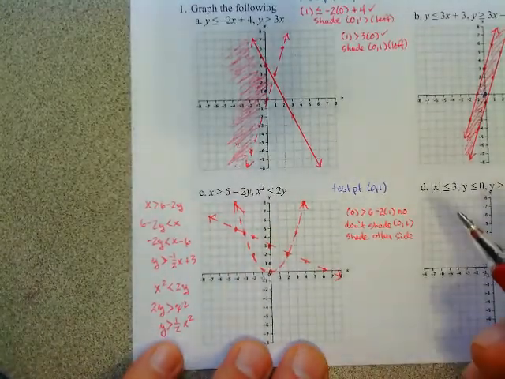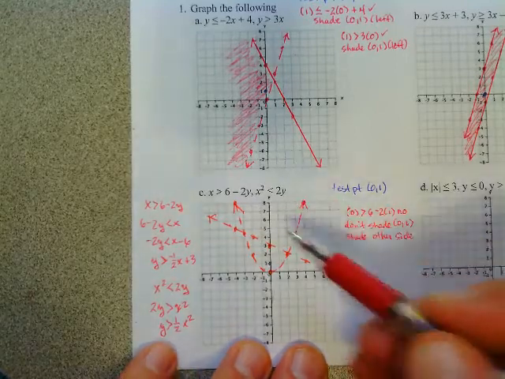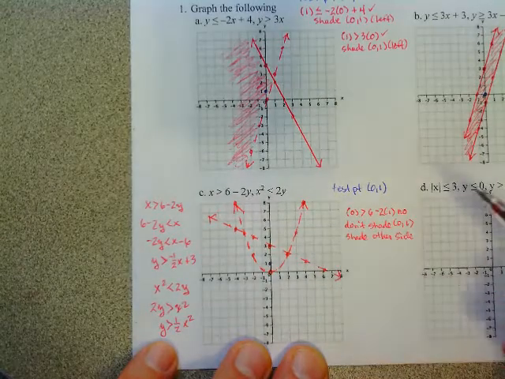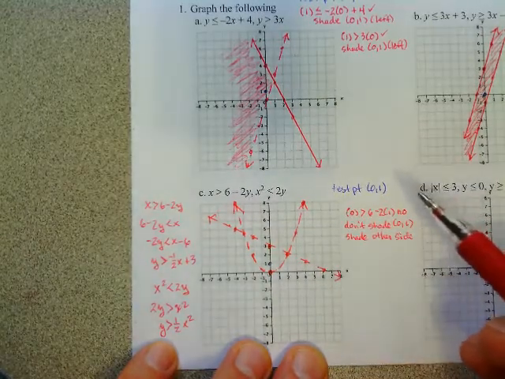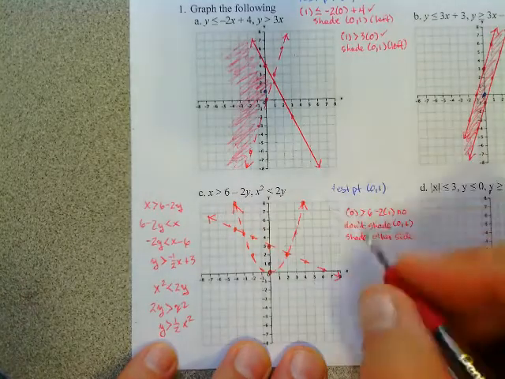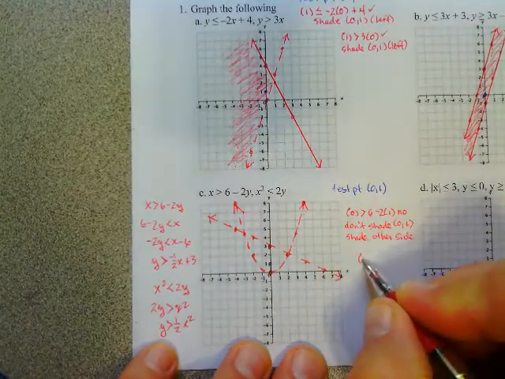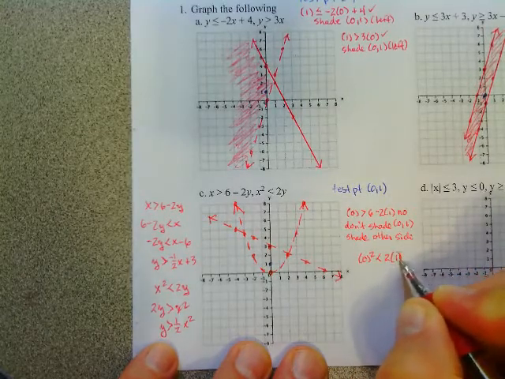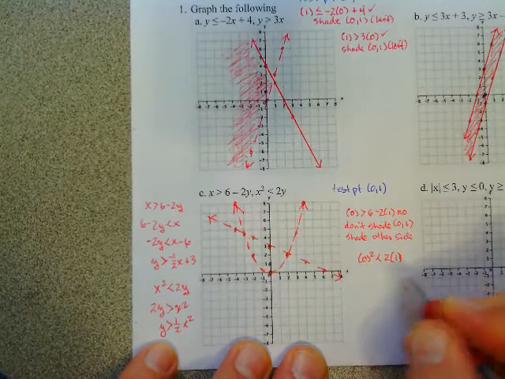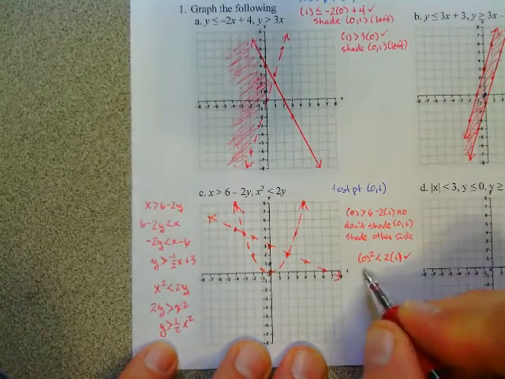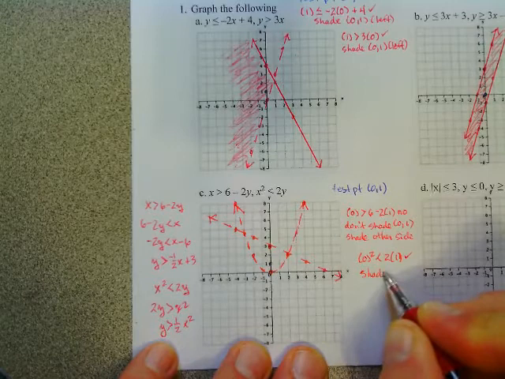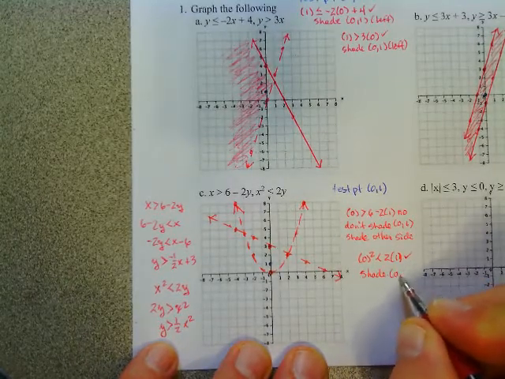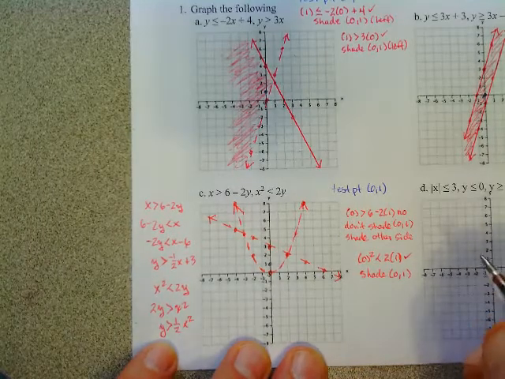Okay, what about the parabola part? Because above that could be in here, but it also could be out here, so we have to check which one of those is going to work. Using the second equation: is 0 squared less than 2 times 1? That is true, 0 is less than 2. So in that case we do want to shade the side that has 0, 1 on it.